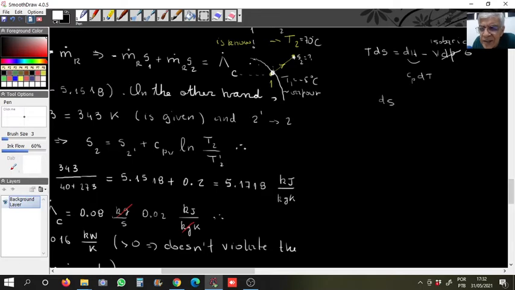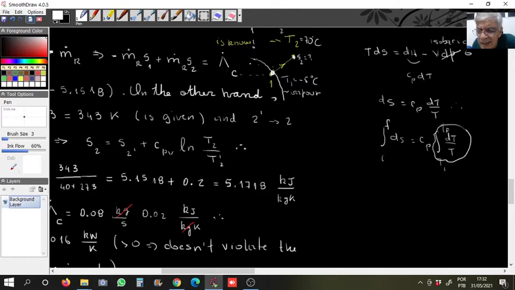Now dS is equal, you see, I divide by T: Cp dT over T. If I integrate S from initial state to final state, with Cp constant, which I give, the integration of dT over T, from T initial to T final, is a logarithm.